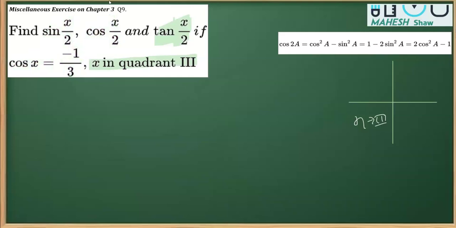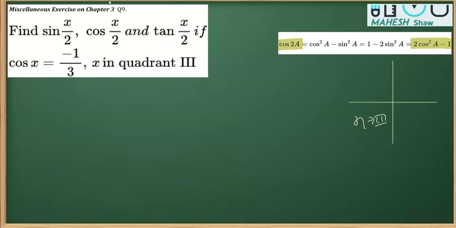Here we'll be using the half angle property to find sin x by 2 and cos x by 2. The identity we'll be applying is cos 2a is equal to 2 cos square a minus 1. So let's begin.